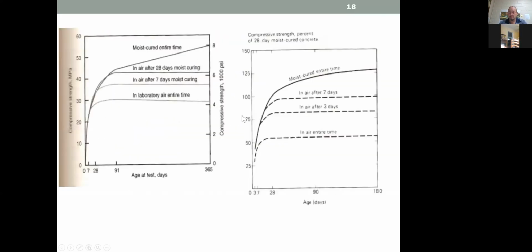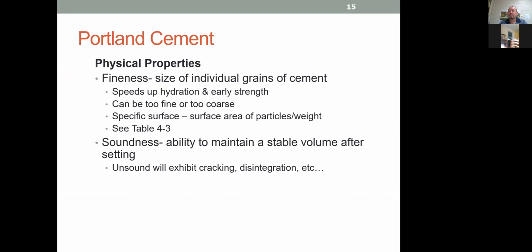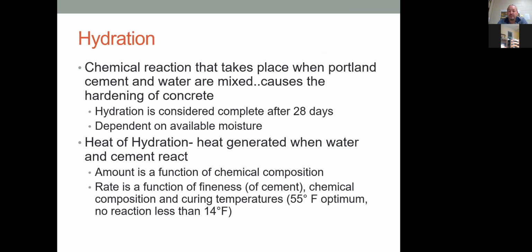All right, so here's a good definition. This will be a good test question. Hydration. It is the chemical reaction that takes place when Portland cement and water are mixed, and that's what actually causes the concrete to set and get hard. And then after the chemical reaction takes place, it doesn't matter if it gets wet.